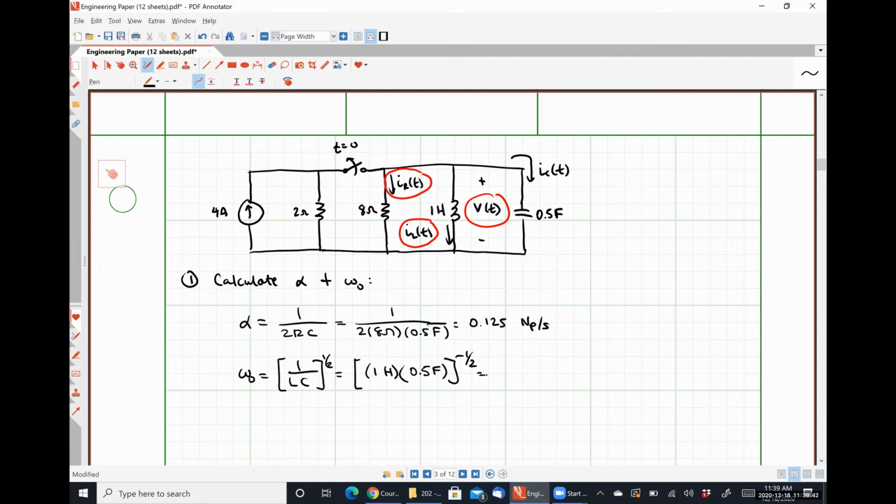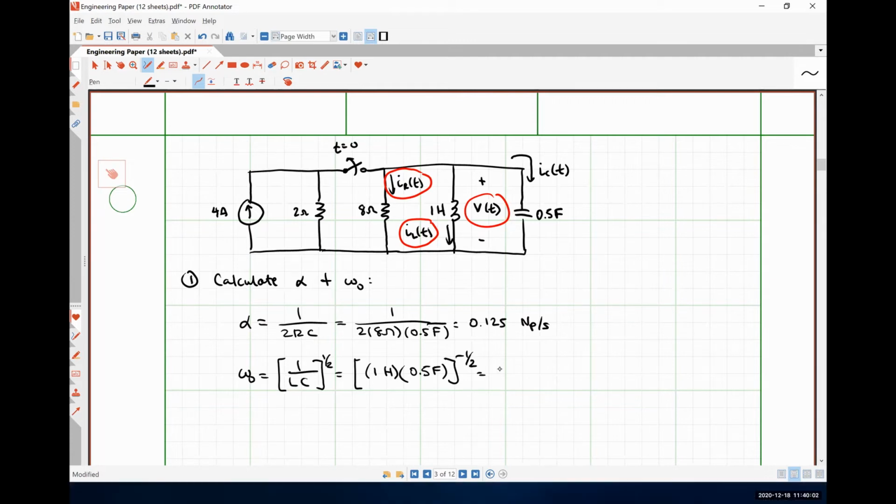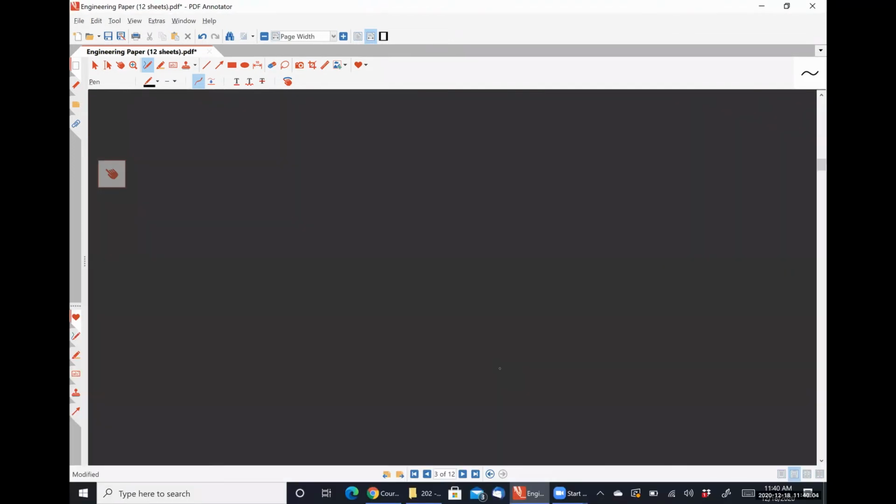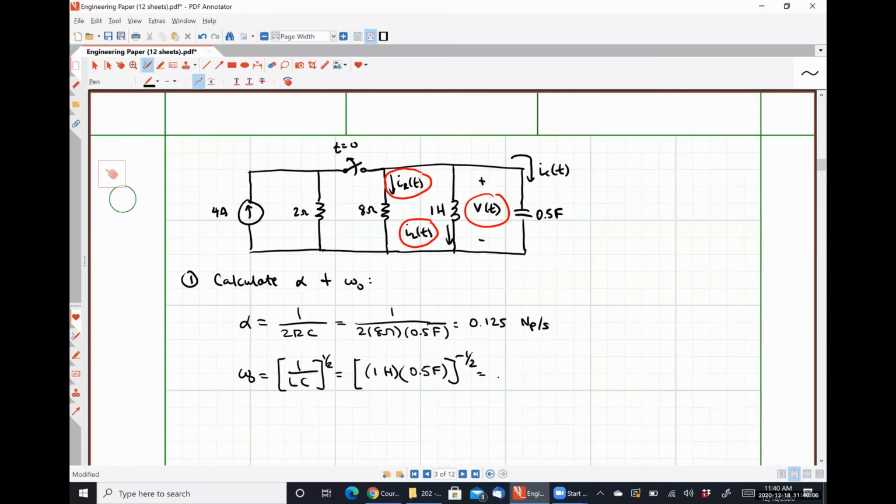Oh goodness, where's the square root sign on these Casios? There we go. Square root of 1 over 1/2 is the square root of 2, which is, no, good God, no, 1.414 and change.